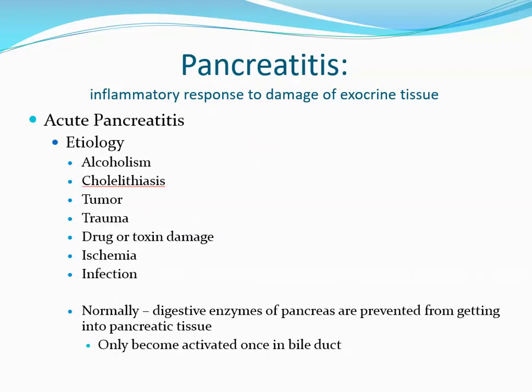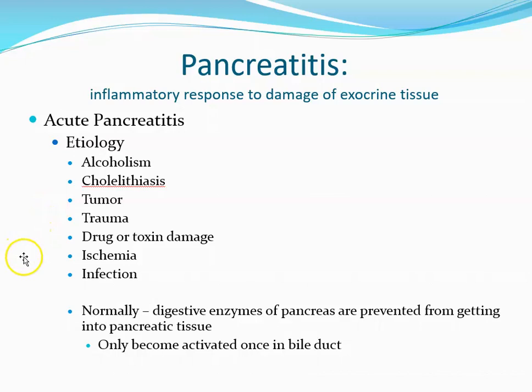Causes of acute pancreatitis. The two most common causes are alcoholism and cholelithiasis. It could also be the result of tumors, trauma, drug or toxin damage, ischemia, or infection. Now the first three, alcoholism, cholelithiasis, and tumor, lead to pancreatic duct obstruction so that the enzymes cannot be released from the pancreas.